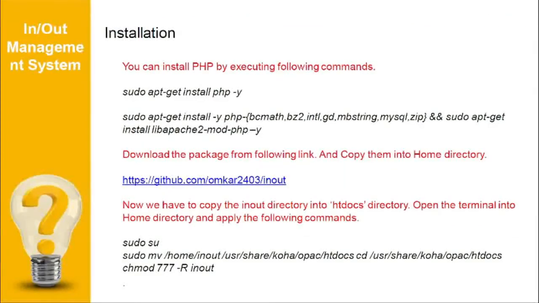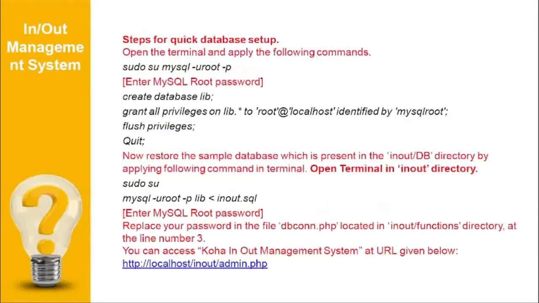Likewise, for the Koha in-out management system, these are the steps that were taken from the Koha community site, again with the github.com onkar2403/in-out link. These were the steps that were taken.